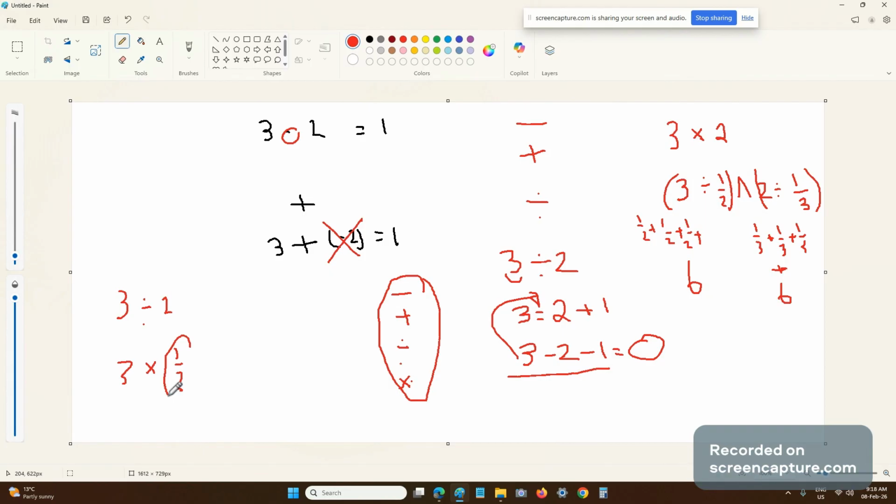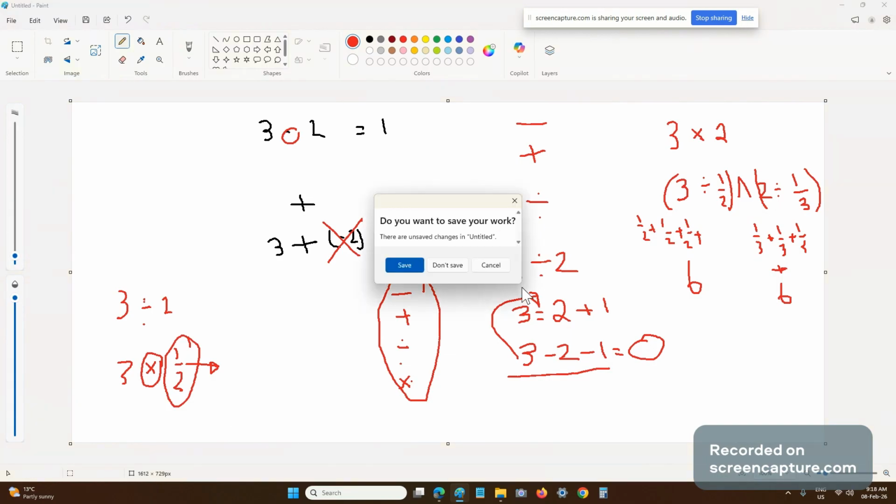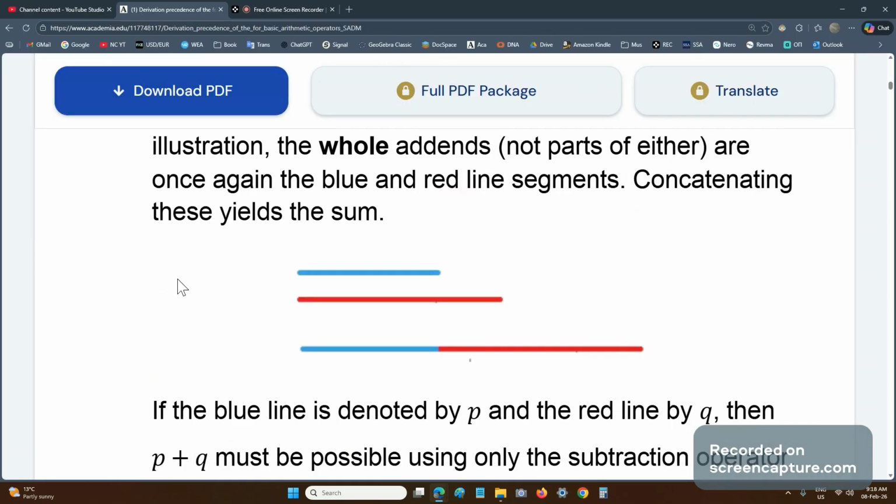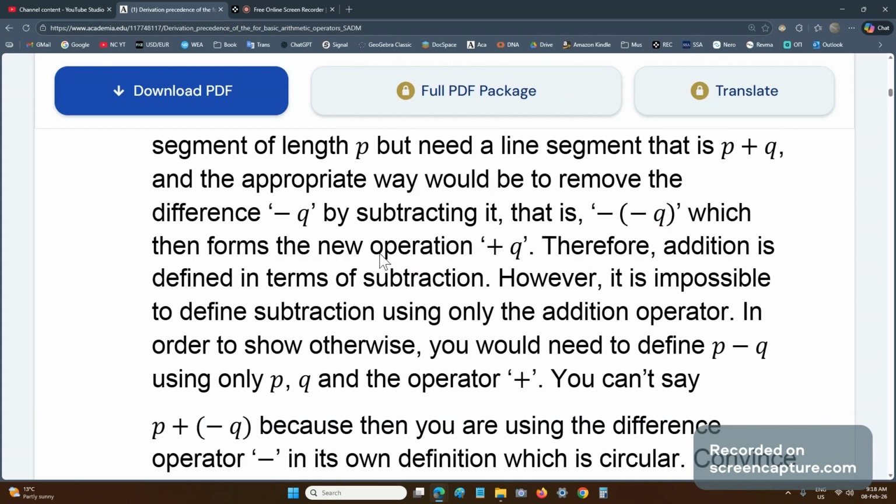Here, you'd be assuming division has taken place. Okay? So you cannot use it in its own definition. So you'd have to only use this symbol to define division. You can't. Does that make sense? Okay, so I've tried to explain that as clear as I can. I'm not really good at this sort of thing anymore. But this article here will explain to you everything you need to know.